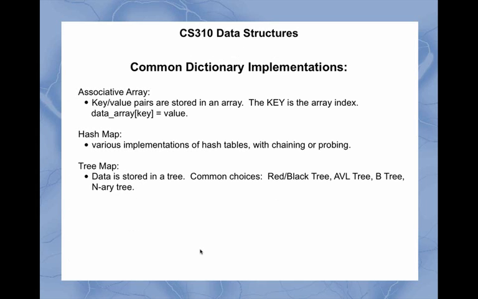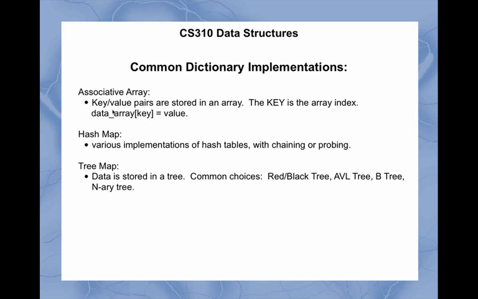There are several common dictionary implementations. Associative arrays are very important, and you see these in languages other than Java. The big idea with an associative array is it's essentially syntactic sugar. That is, it's designed to operate and look like an array, but it's not an array. And the key in this case is used as the index, and this is typically a string.